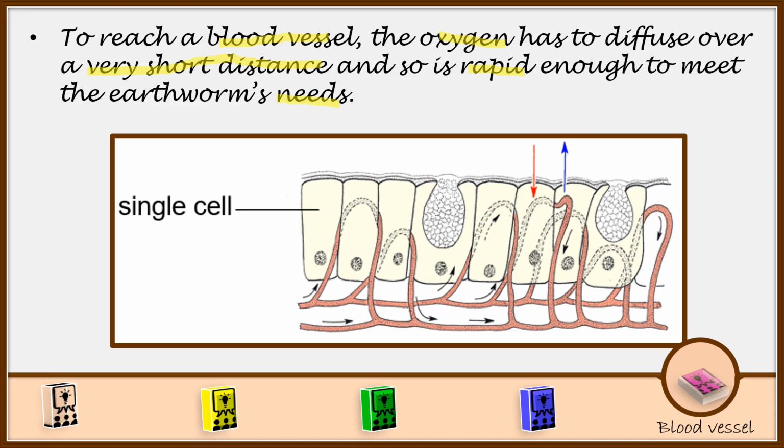For oxygen moving from outside to enter the earthworm's body, the distance is very small. That small distance easily allows the diffusion of oxygen to enter inside, and then it is transported to all parts of the body.